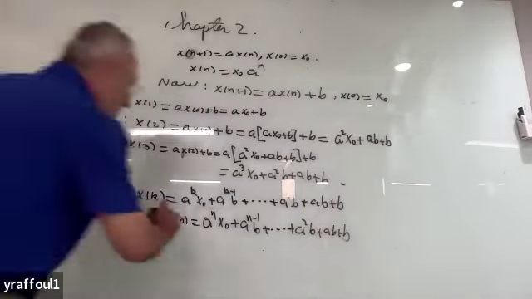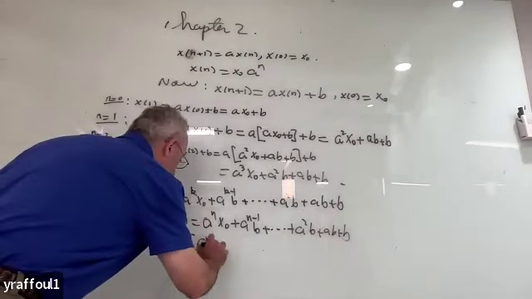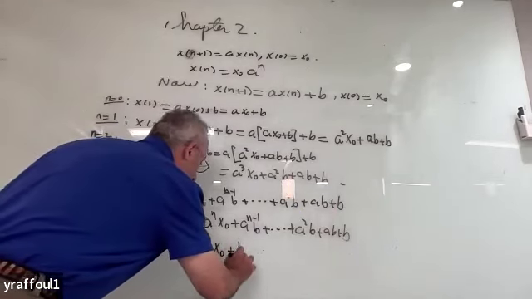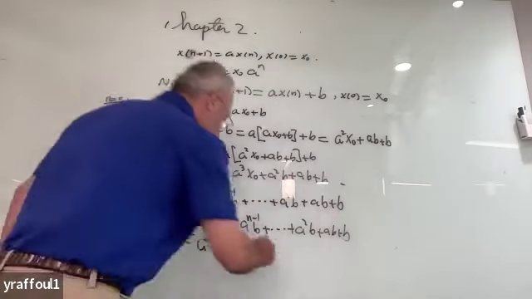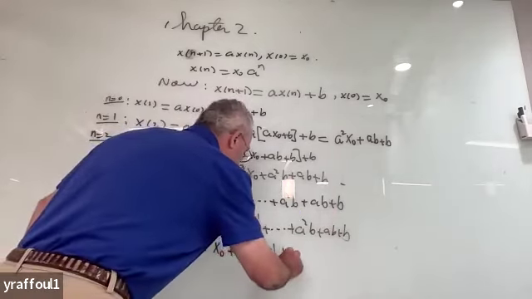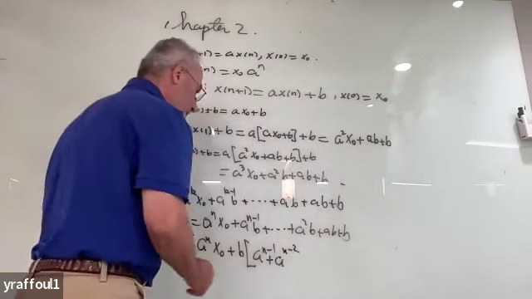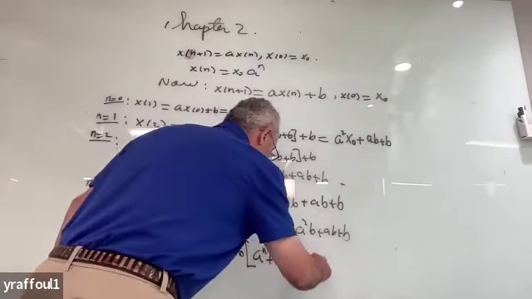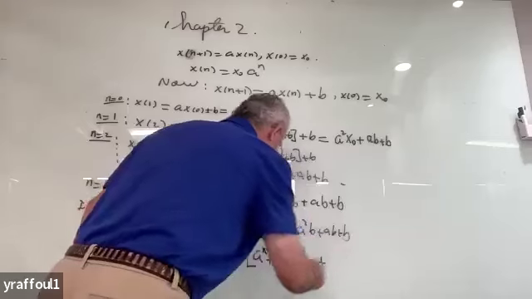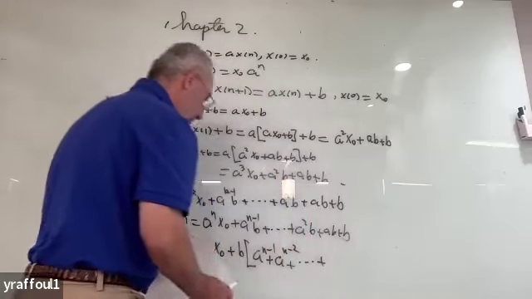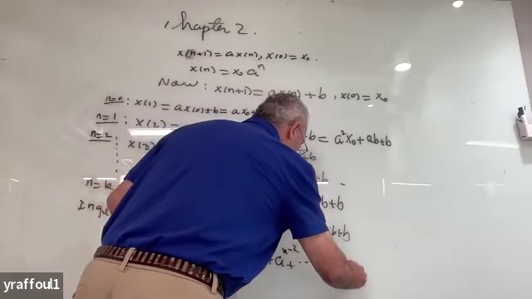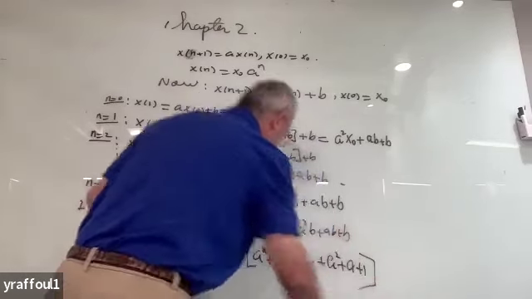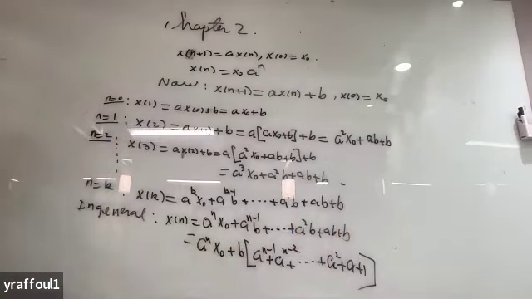And if I factor b out, this will be a to the n minus 1 plus a to the n minus 2 plus, and so on, plus a squared plus a plus 1.